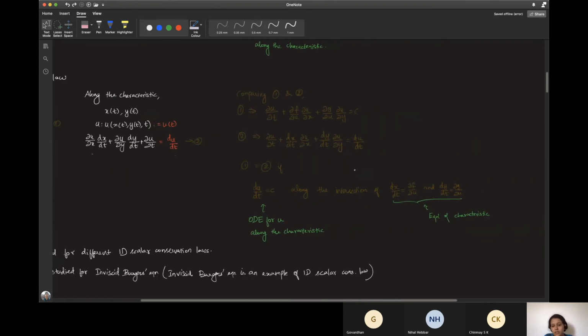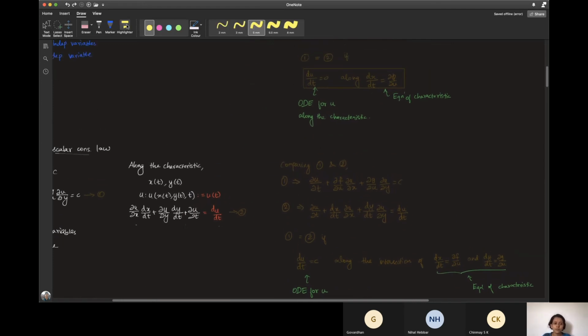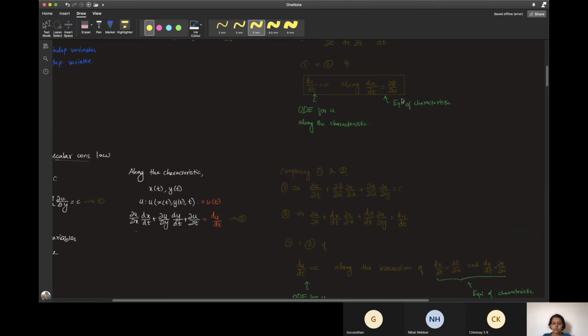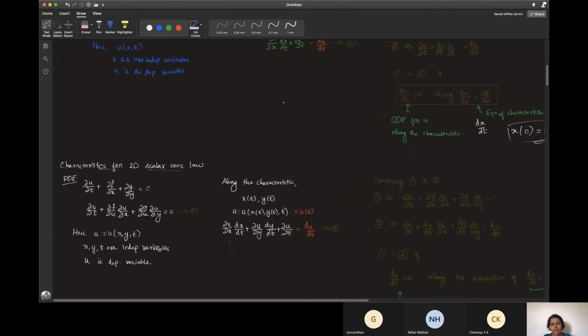With the help of this you can find an equation of the characteristic. For solving this you will require some initial condition, x of 0 equals some x naught, right? Because this is an ODE in dx by dt. So to solve for x you need some initial condition, x at t equals 0 equals some x naught. When you put the initial condition you are just identifying one characteristic.